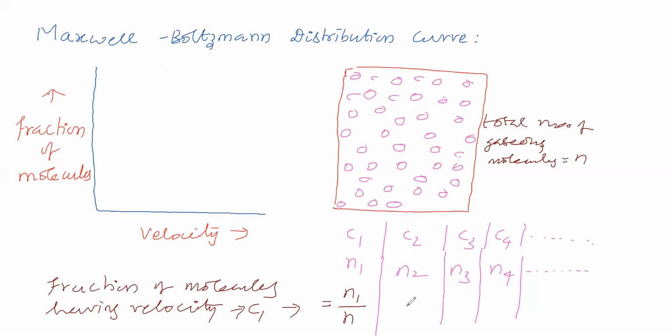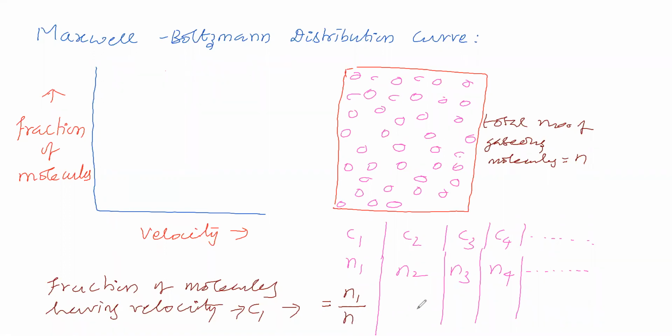Now what is the fraction of molecules having velocity c2? Fraction of molecules having velocity c1 is the number of molecules having velocity c1 by the total number of gaseous molecules.